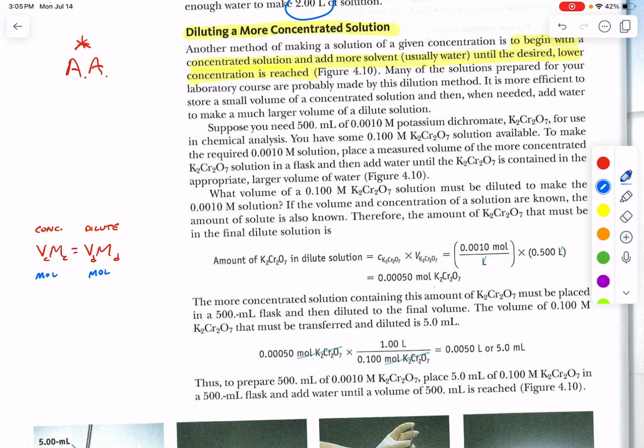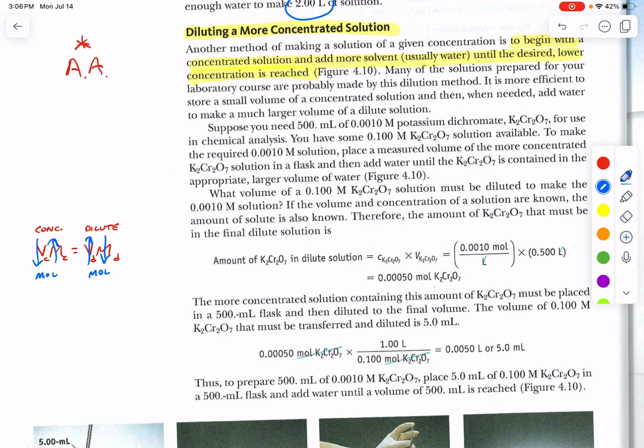I'm not changing the amount of salt or potassium permanganate in solution, but by adding water, I'm diluting it. In a concentrated solution, you have a high molarity and a low volume of overall solution. But when you add a lot of water, you increase the volume of solution, which forces the molarity to go down, and it keeps the number of moles constant.